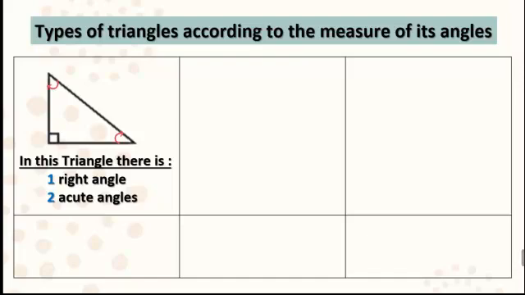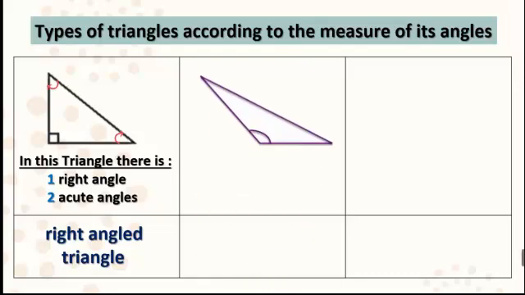What is the biggest one here? The right. Excellent. I know that the right angle is greater than the acute angle. So I look at the biggest angle, which is the right angle, and I will name the triangle according to this angle. So I will name this triangle right-angled triangle. Why? Because it has a right angle and it's the biggest one.